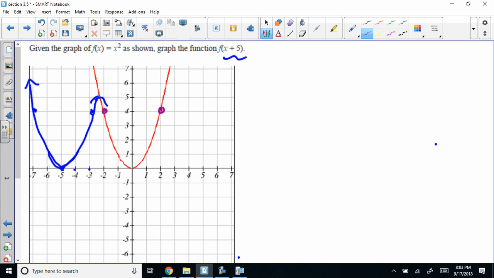That has to hold true, because all I'm doing is taking it and moving it to the left 5 spots, correct? Because if it's a horizontal shift, it's opposite of what's there. Remember? It's x minus h, right? In order to get a positive, that 5 had to be a negative, right?